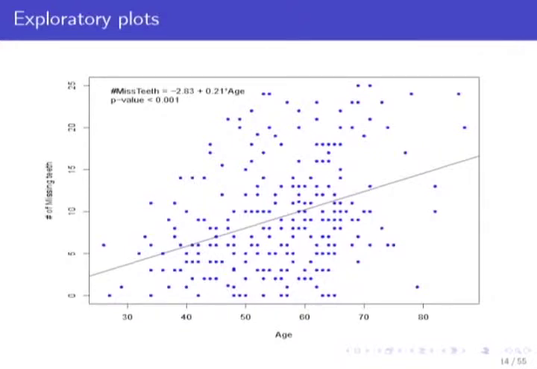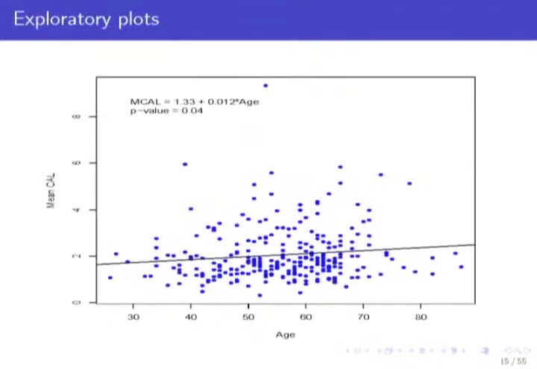So I chose age and tried to plot that. Here, the x-axis represents age, the y-axis represents the number of missing teeth. I did a plot, and it was highly significant, and you can see how the line goes. This is when you plot age with mean CAL. Once again, significant p-value.